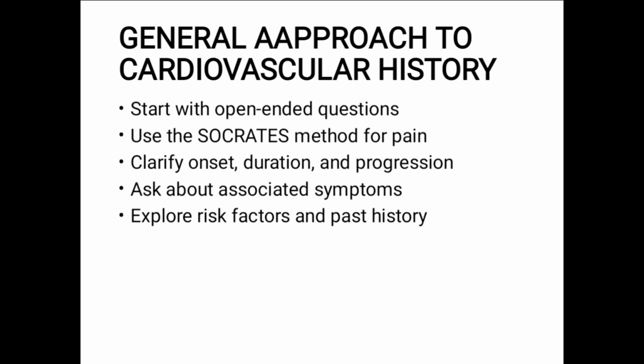Start with an open-ended question. SOCRATES is the must-use method for pain. Be clear on onset, duration, and progression. Also ask about associated symptoms, and explore the risk factors and past medical history.